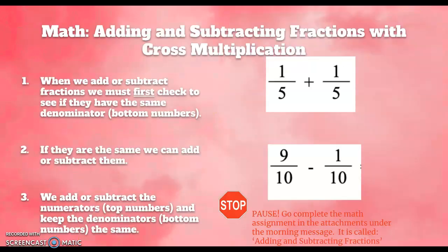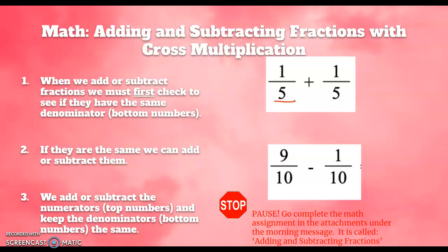All right, so here we are with adding and subtracting fractions. So we're going to be talking about adding and subtracting fractions using cross multiplication, but before we get there, I'm just going to do a little review about adding and subtracting fractions and how that works. This is something you would have learned in 3rd grade, reviewed in 4th grade. So as a reminder, when we add and subtract fractions, the first thing we need to do is check to see if they have the same denominator or bottom numbers.